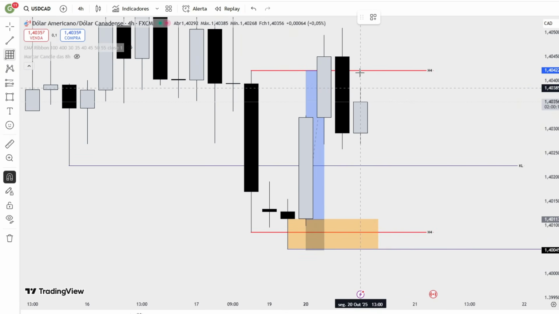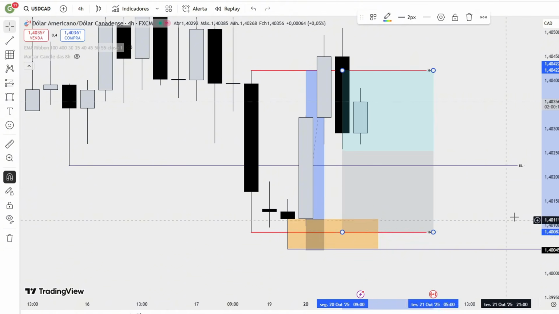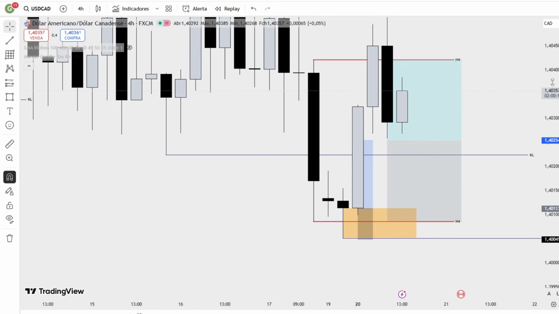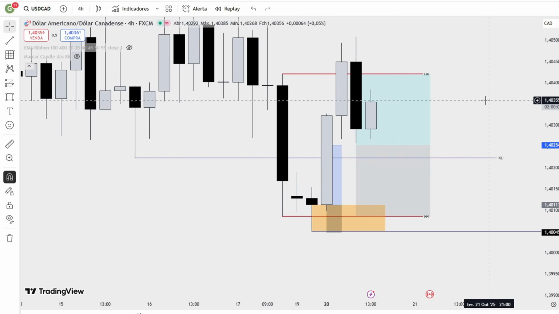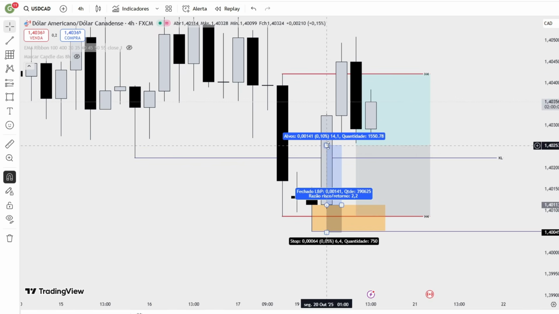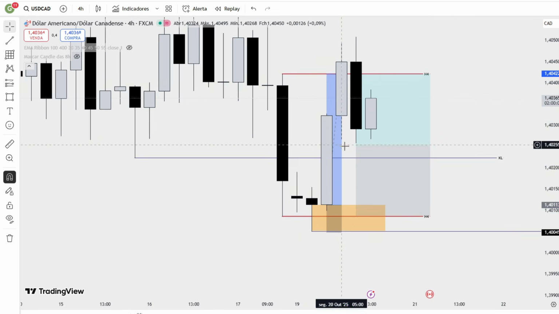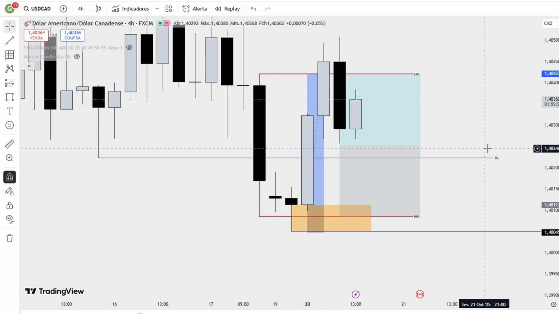And another one is the middle point of the CRT. You have both targets, it's up to you which you want to use. The technical and correct one is the other side, and it's more profitable. But the half of the candle is going to give you more accuracy and a higher win rate for your trades. So it's up to you.